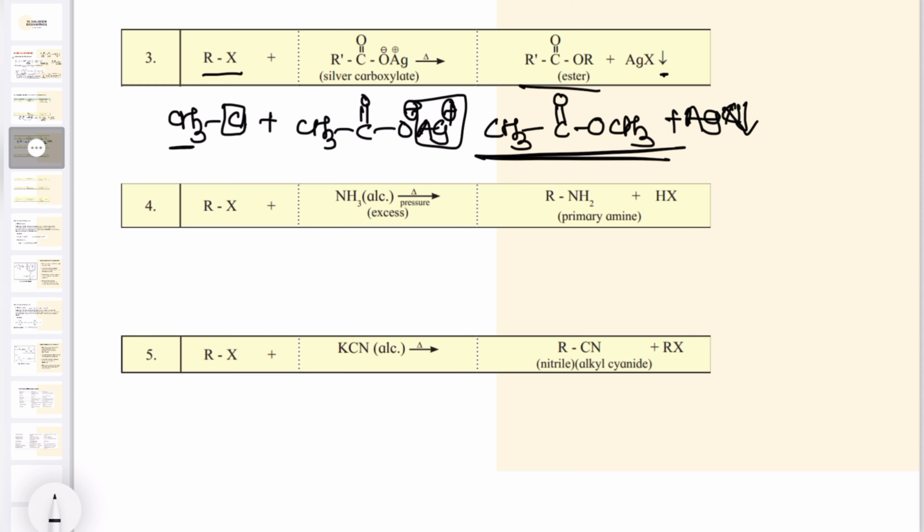This is our ester compound, RCOOR, the simple representation of an ester molecule.